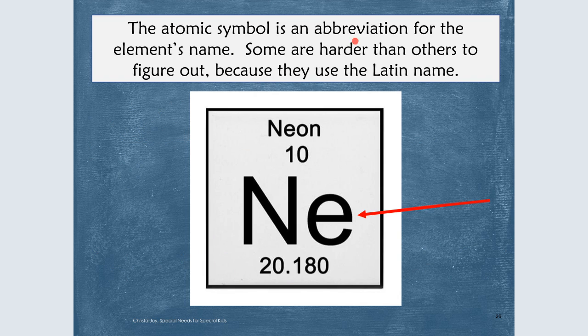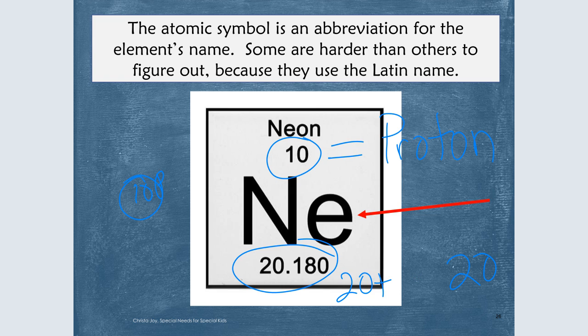Neon, the atomic symbol or abbreviation for the element's name. Some are harder than others. They figure out because they use a Latin name. So neon, Ne, number of protons in the nucleus. So if I'm drawing this in here, so let's say this is the nucleus. This has 10 protons. Okay, we're going to round this to 20.